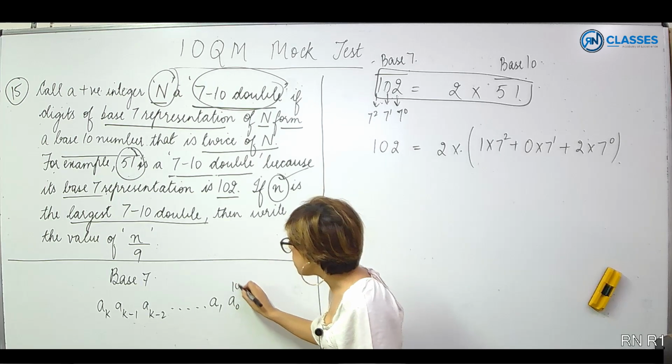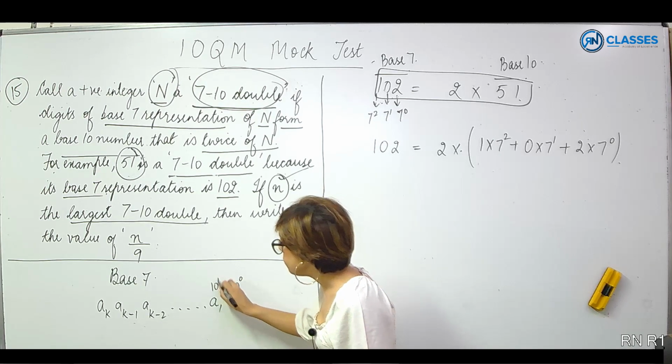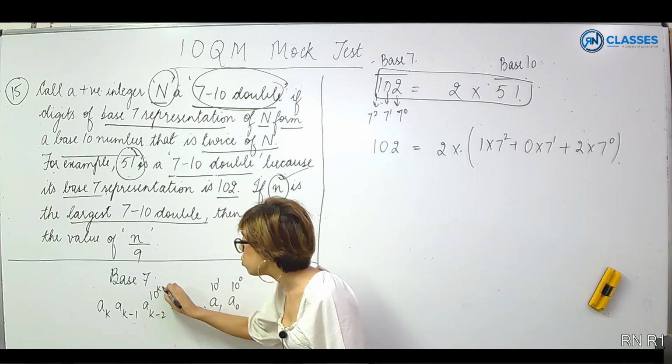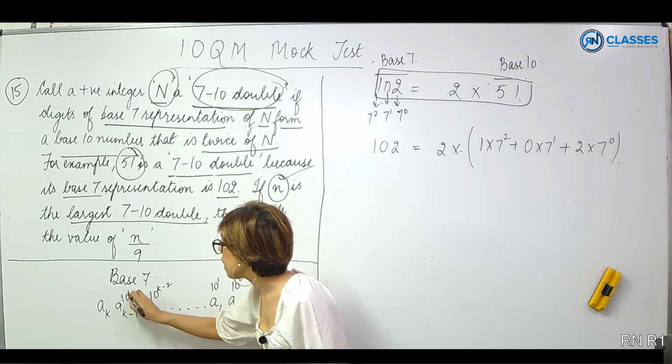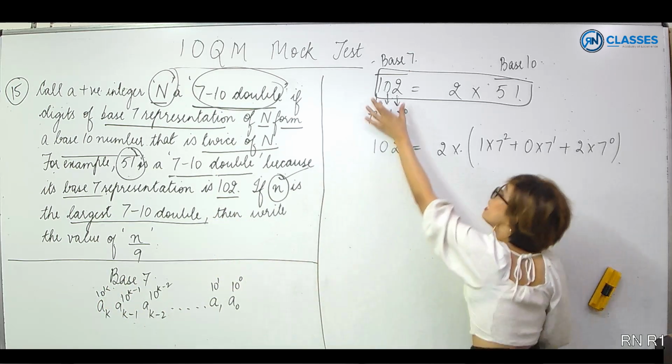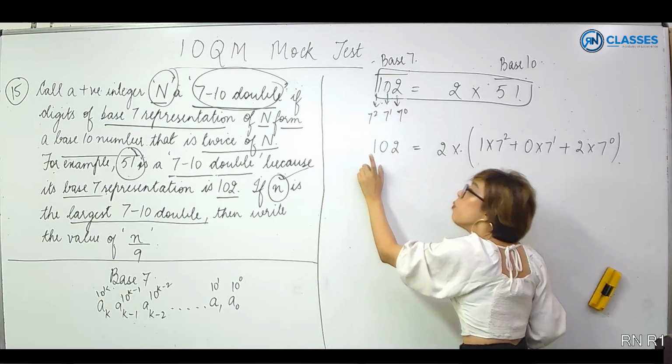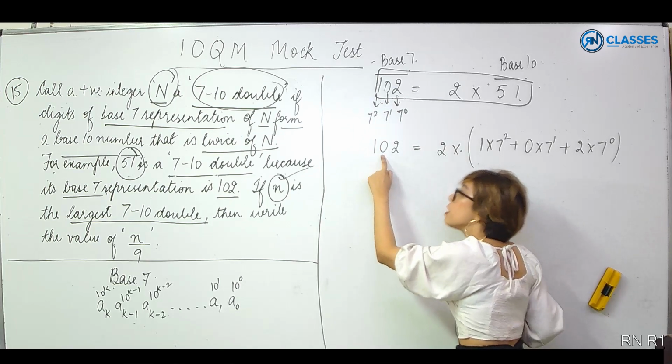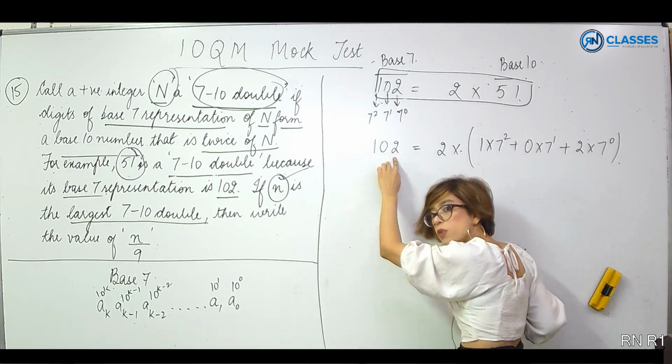Obviously here the place values are 10 raised to 0, 10 raised to 1, and so on, 10 raised to k minus 2, 10 raised to k minus 1, 10 raised to k. I read this as 102, which is 1 into 10 square plus 0 into 10 raised to 1 plus 2 into 10 raised to 0.